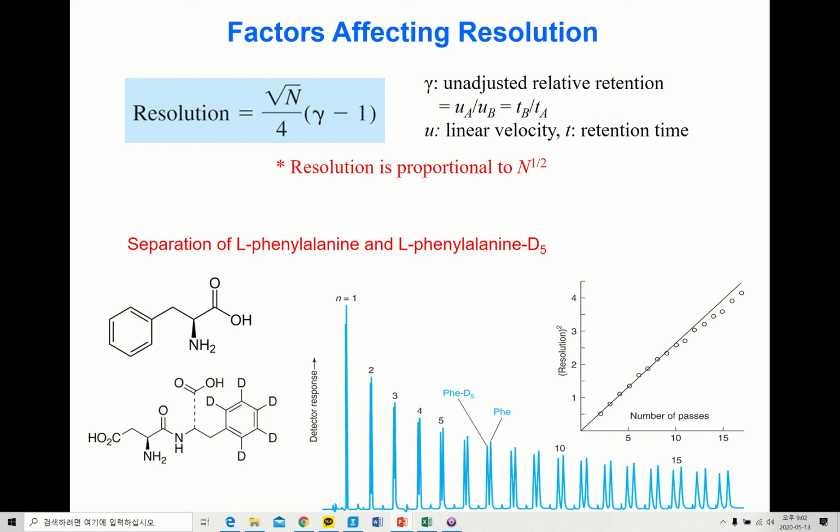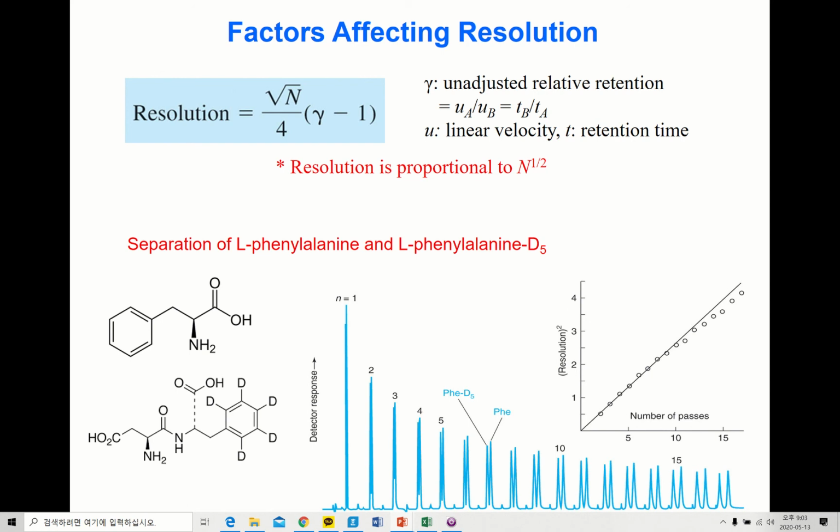When you learned spectrophotometry, to increase the signal to noise ratio, that increases with the square root of the number of measurements. So to increase the signal to noise ratio 10 times, you must take at least 100 measurements.